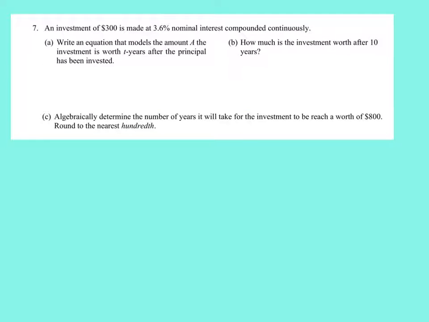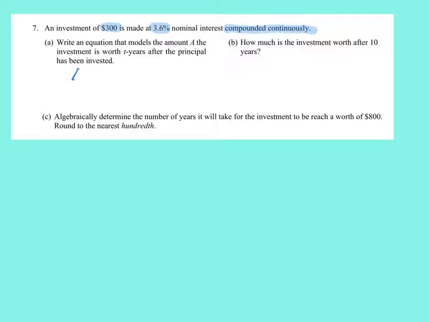Number 7, an investment of $300 is made at 3.6% nominal interest compounded continuously. So what is important here? The $300, 3.6% compounded continuously. Write an equation that models the amount A the investment is worth t years after the principal has been invested.